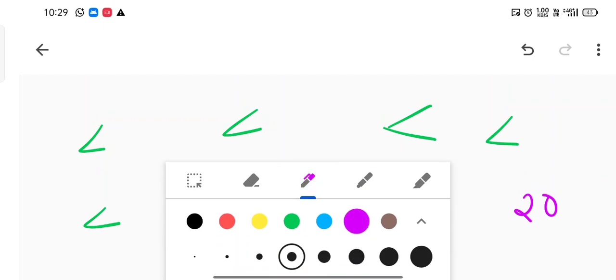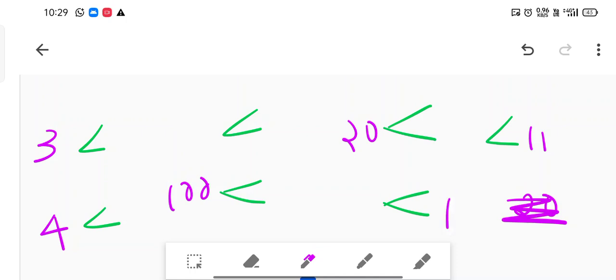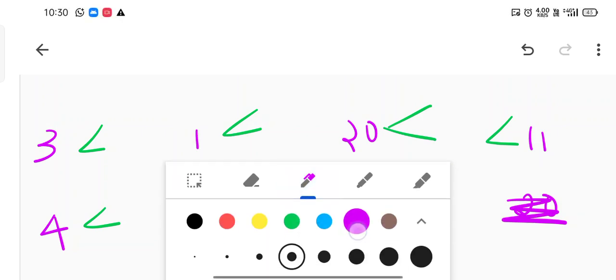So how should it come? If 3, 4, 20, 100, 11, 1, then here comes 1. If it is the symbol, how can we write it in the next form?